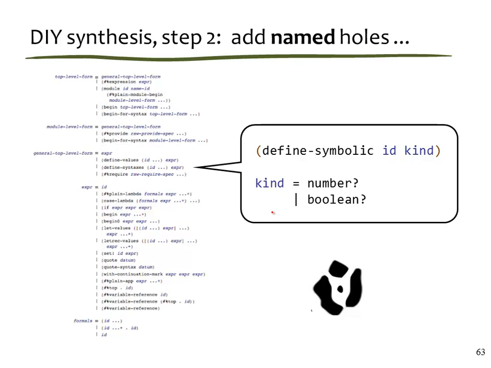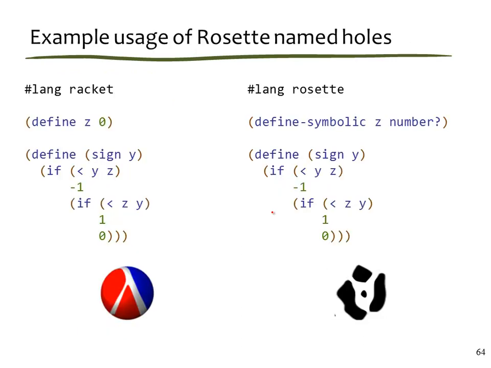Here's the grammar of the language itself, and we're going to add one additional construct. We're going to allow you to define a symbolic variable, and tell us whether you want a number or a Boolean. From the point of view of the user, this is what it looks like. On the left-hand side, you have a Racket program that computes the sign function.